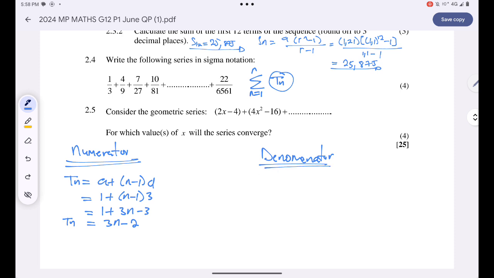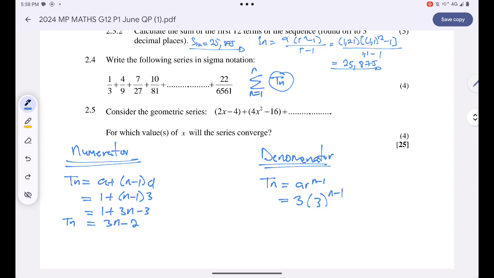The denominator forms a geometric series or a geometric sequence. I know that Tn is basically ar to the n minus 1. So the value of a is 3. The value of r, 9 divided by 3. This will simply give me 3 to the power of n minus 1, right?